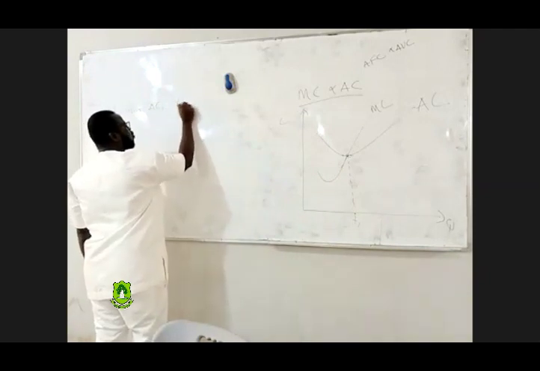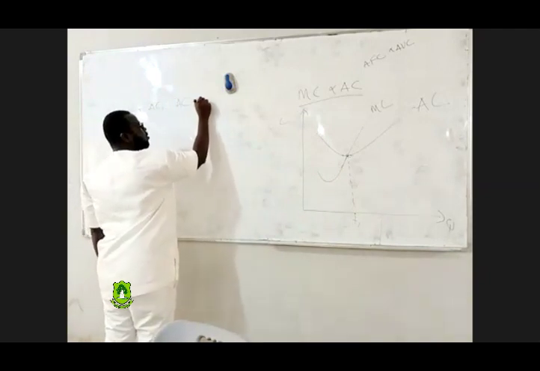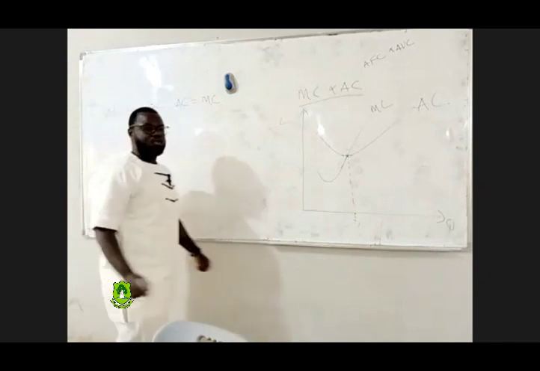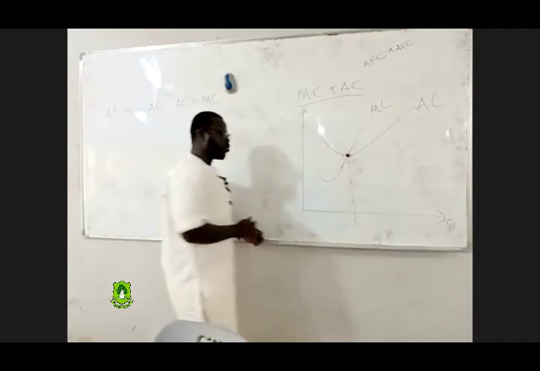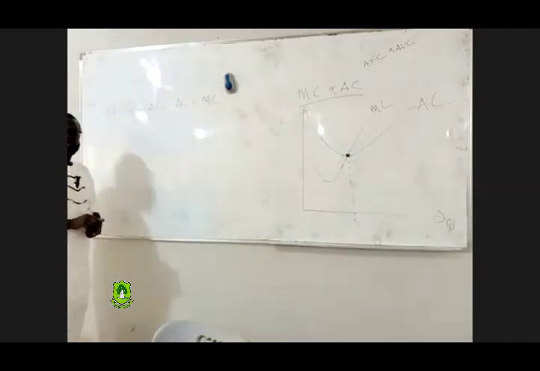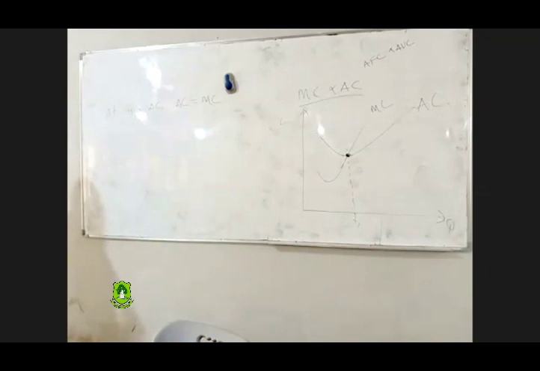That particular average cost will be equal to what? Marginal cost, because they are meeting at the same point. So your lowest average cost as a firm should be equal to the incremental cost you incur to produce an extra amount of what? Output.